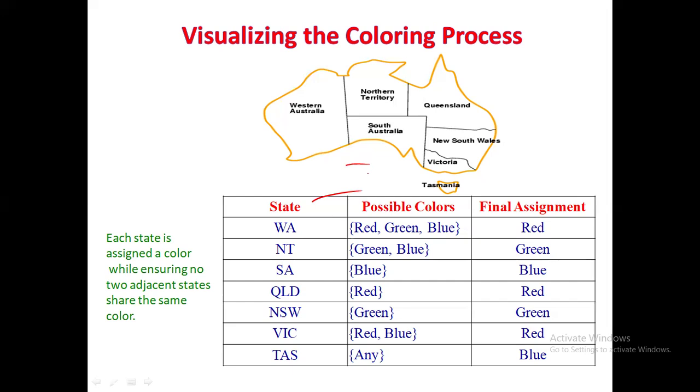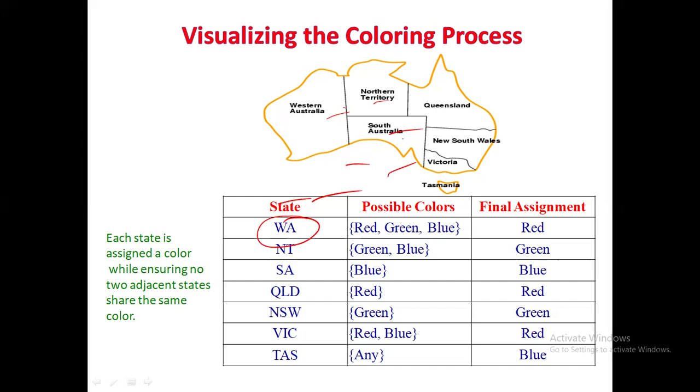The first state is Western Australia. Since WA is the first state to be colored, it can be assigned any of the three available colors: red, green, or blue. Choosing red does not violate any constraints because no other states have been colored yet.